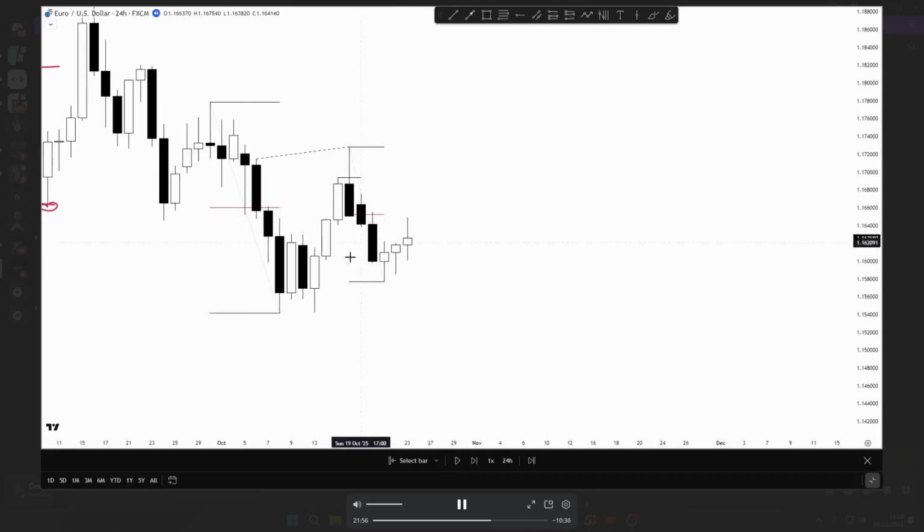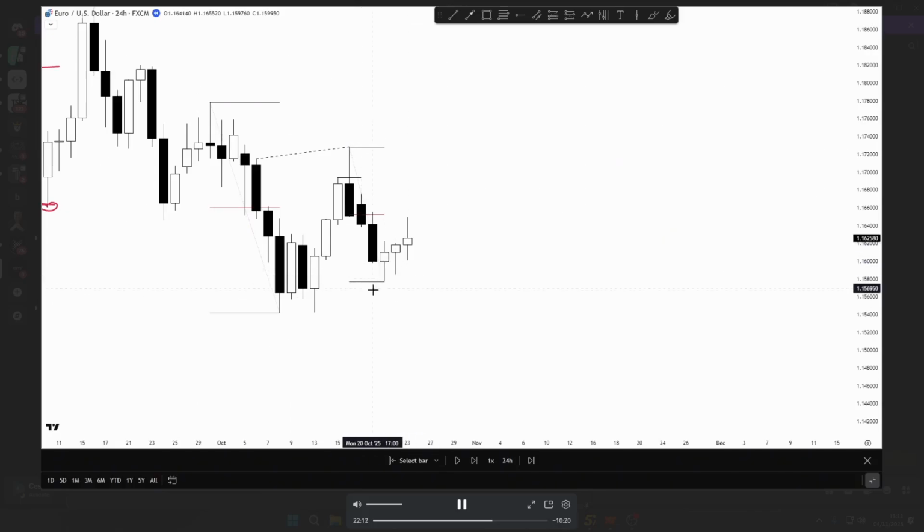Okay, it hasn't done any of that. So how is this low a significant low, or how have I regarded this expansion move as a dealing range? And the answer for that is on the 4 hour time frame.